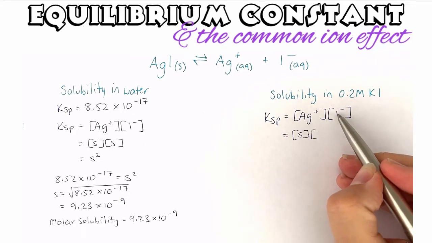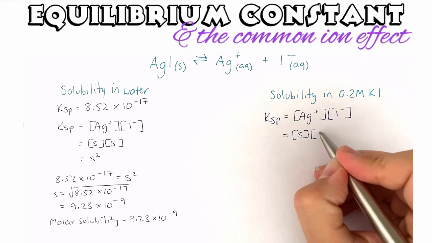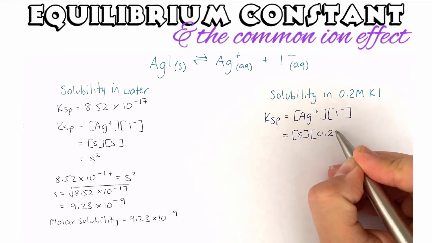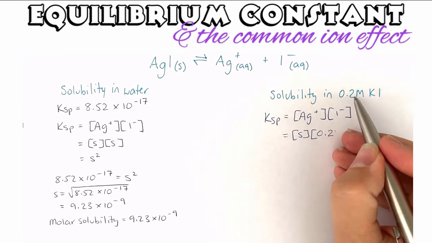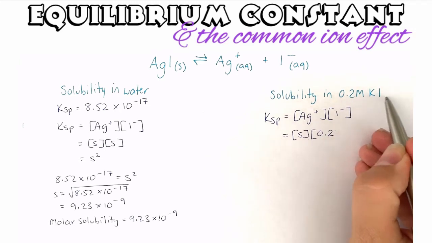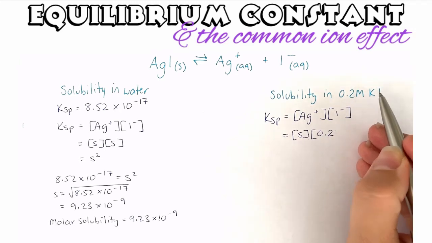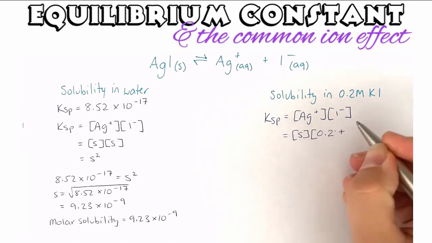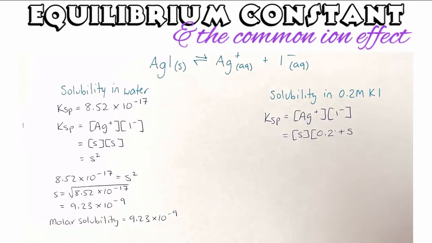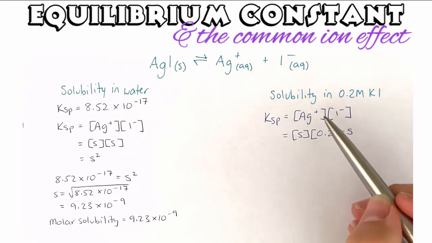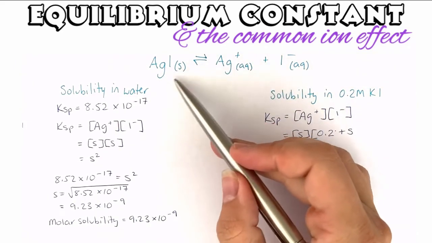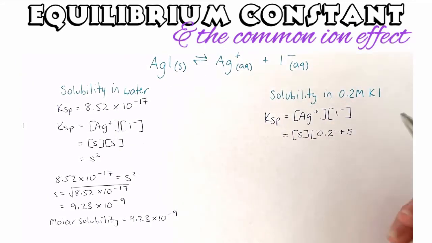But for our iodide ions, we actually have 0.2 molar already in solution. We already have 0.2 molar iodide ions, and then we have S, or the solubility from the silver iodide that we're trying to dissolve in the solution.